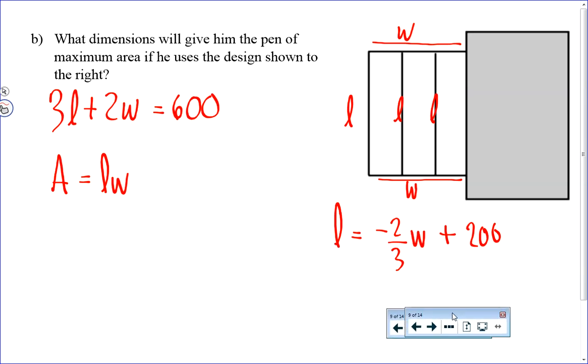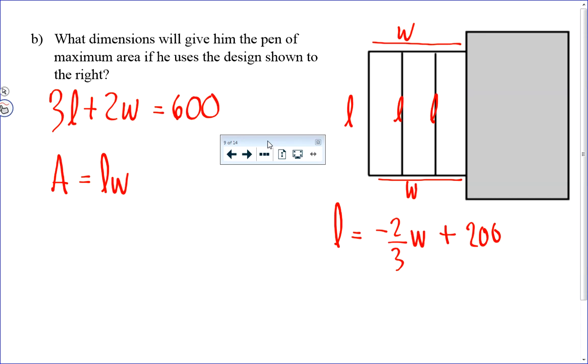If you choose to rearrange for W, then you're going to end up with W equals negative 3/2 L plus 300. What I've done there, and I'm just going to double check that, is I've moved the 3L to the other side and then divided everything by 2. So it doesn't really matter. I'm going to stick with rearranging for L to eliminate L.